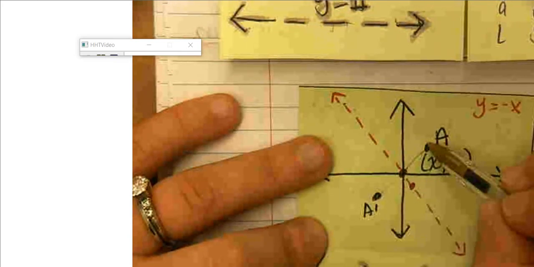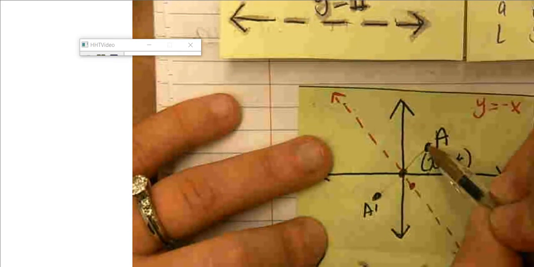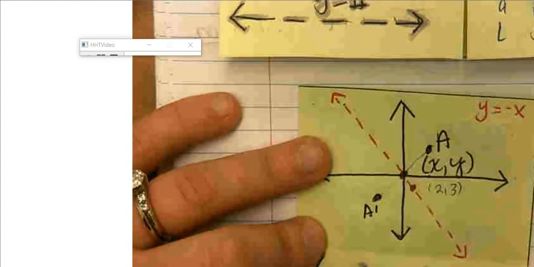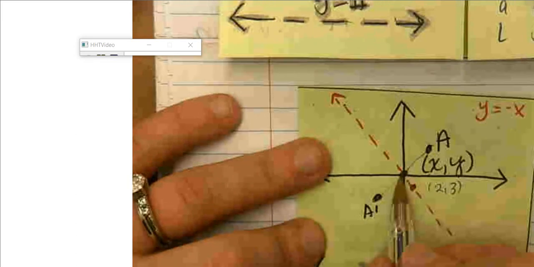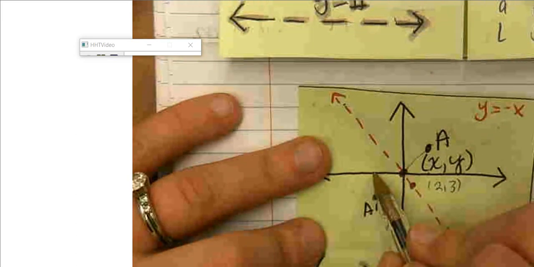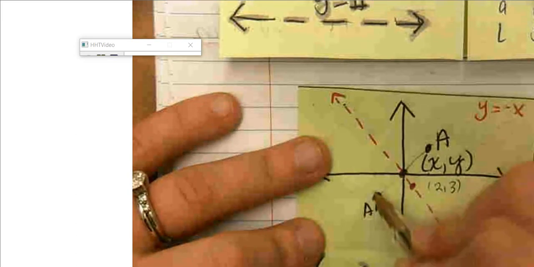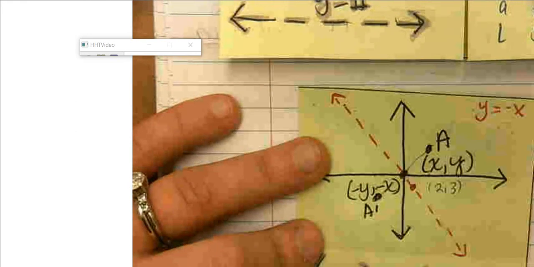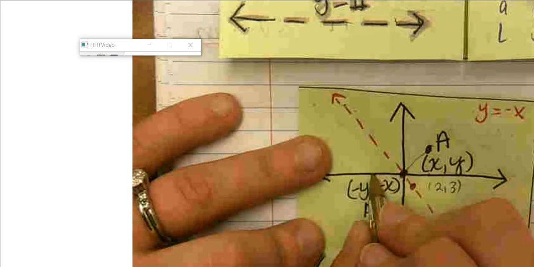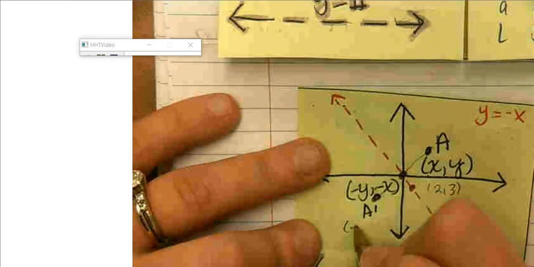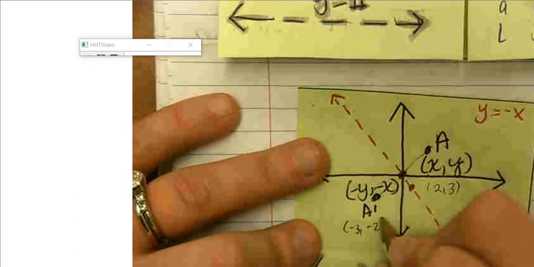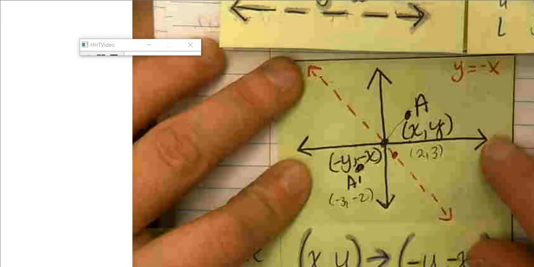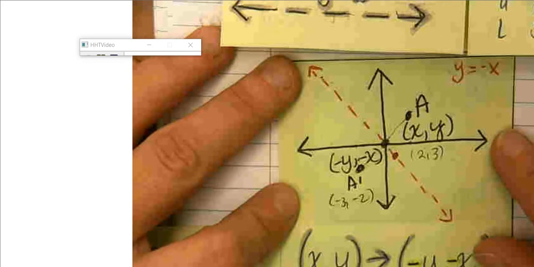If this was located at 2, 3, and we're using the coordinate rule, that means I'm going to go over -3 down -2. So this would be opposite of y, comma, opposite of x. So we would go to the right -3 and down -2. So that is what it would look like. And that's how you would use the rule.